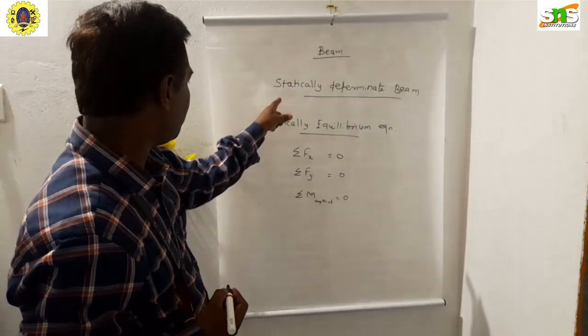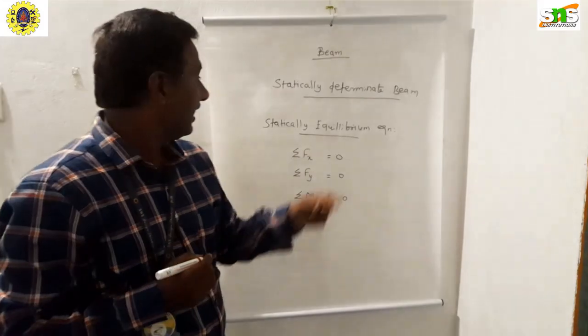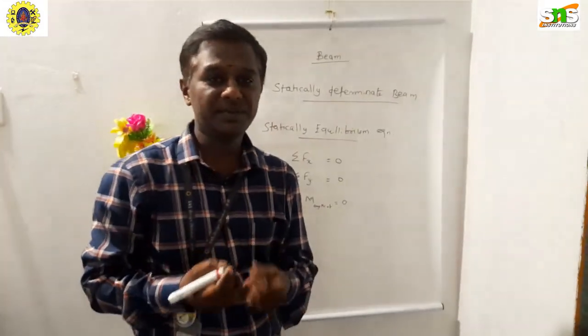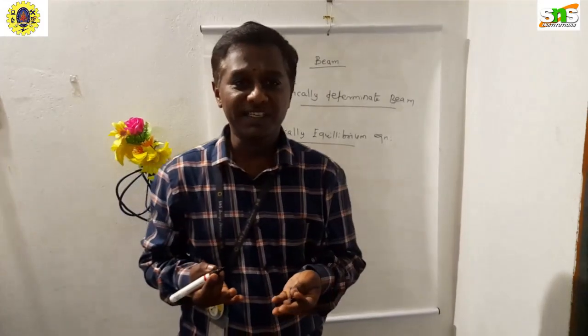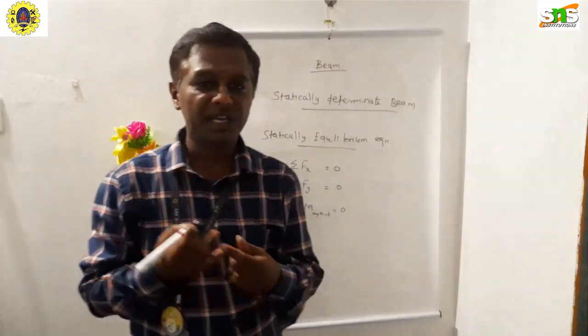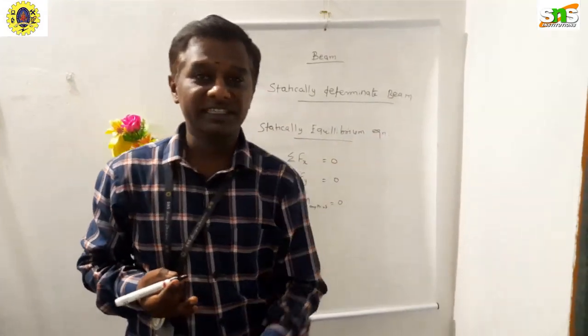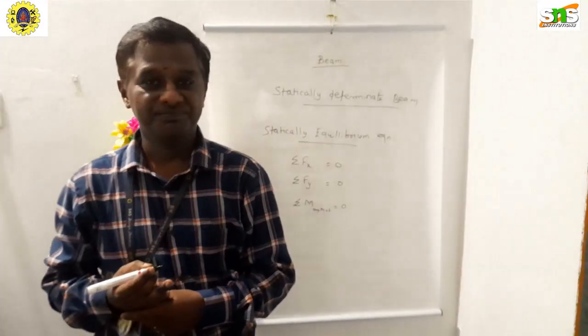Now I am coming to the statically determinate beam. A beam which can be solved, that means all the unknowns, the support reactions, can be solved by using the static equilibrium equations alone, is called a statically determinate beam.